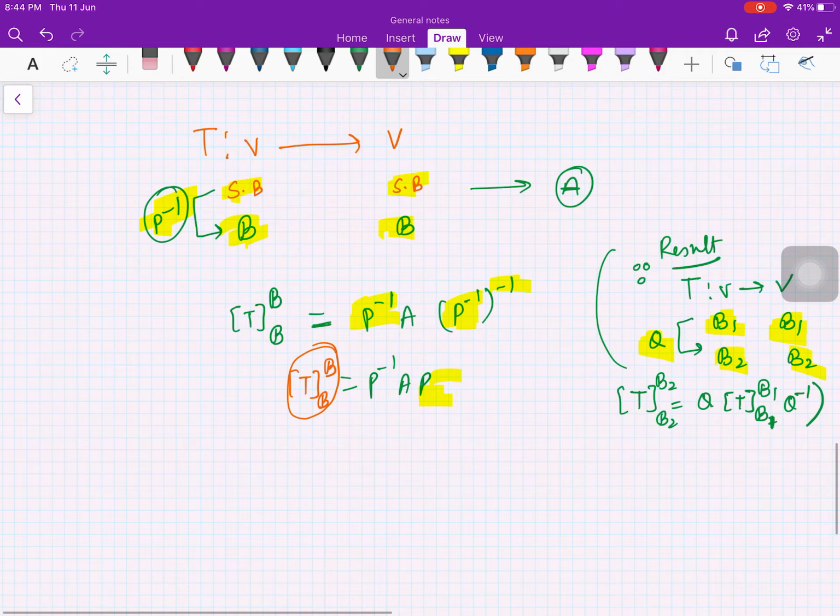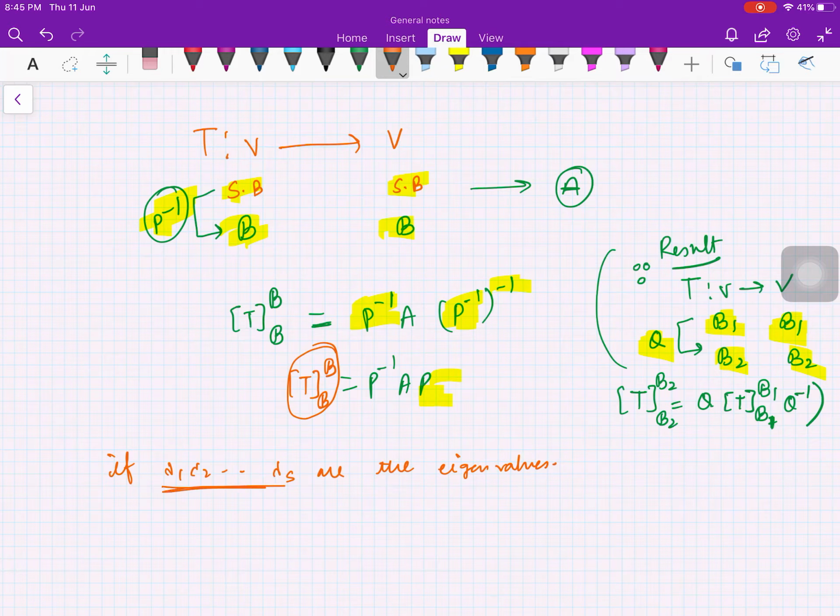Now if you want to know what will be the elements on the diagonal, then if lambda 1, lambda 2, lambda s are the eigenvalues, they may be repeated, but the total should be n, otherwise your matrix can never be diagonalizable.